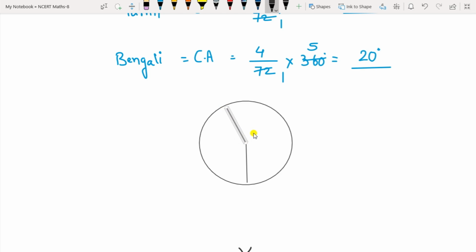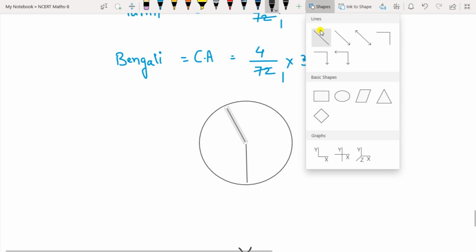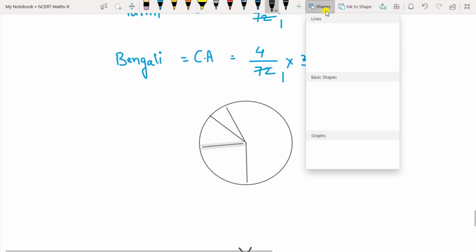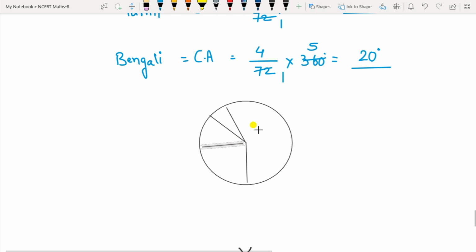So this will be your Hindi. Then 20 degrees for Bengali. Then 35 for Tamil. Then 45 for Marathi.